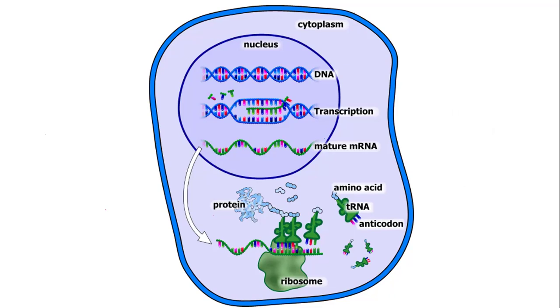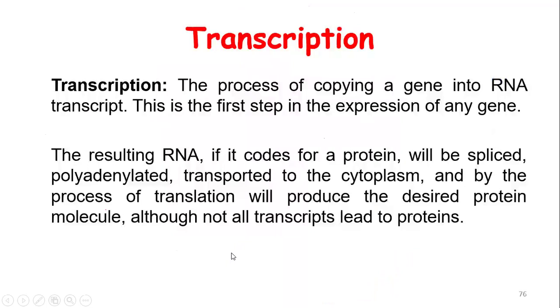As you can see from this diagram, you have a eukaryotic cell with the nucleus, with the DNA that has been transcribed. Mature messenger RNA is produced, which is transported out of the nucleus and then translated.